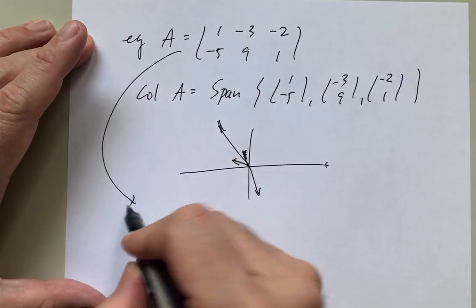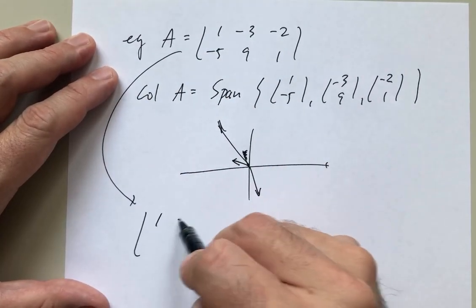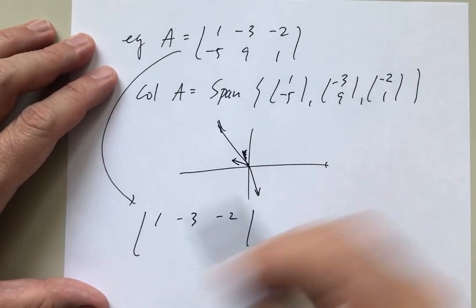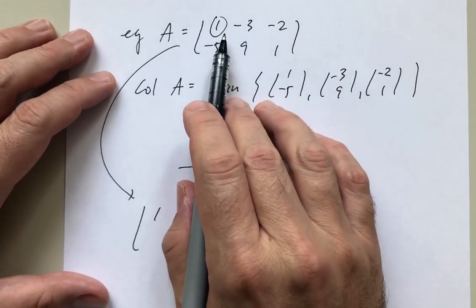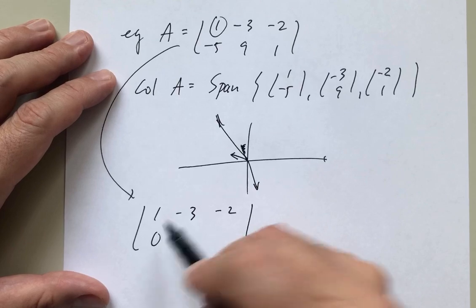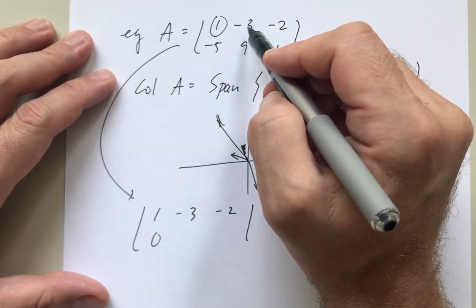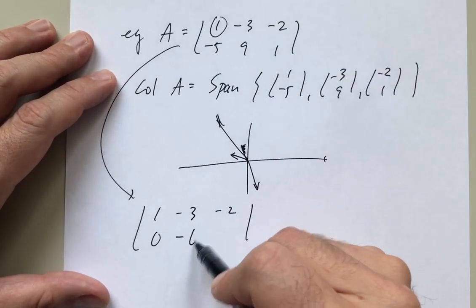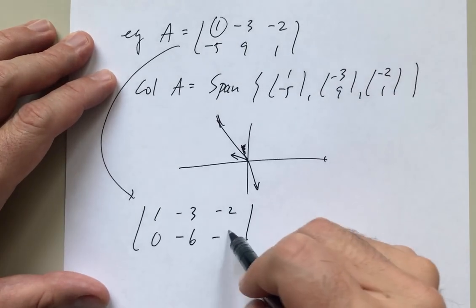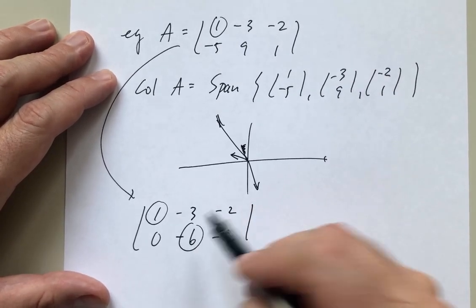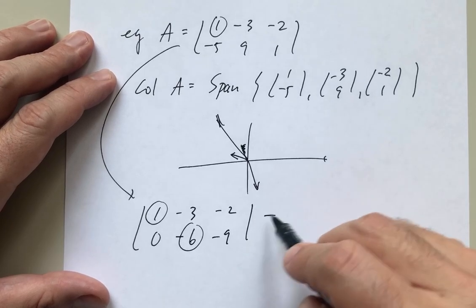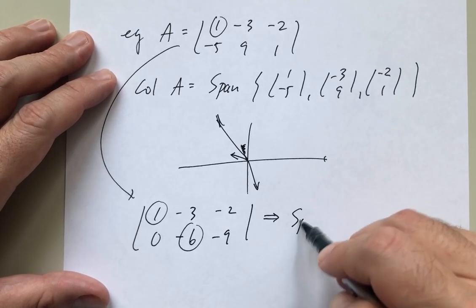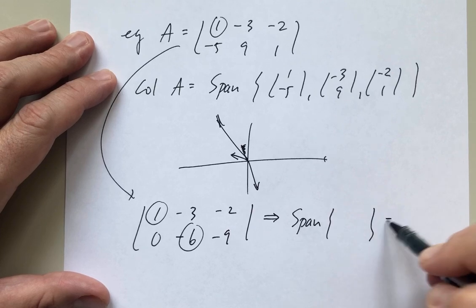Now notice in this case we can actually say something about the span immediately if I row reduce this as usual. We already did this, but let's do it again. If I clear below that pivot, this is 5, minus 6, and then minus 9. I see that there are two pivots here. What this means is that the span of these vectors is actually all of R2.